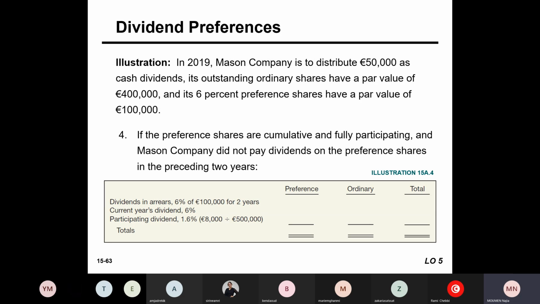And if there is any money left, it will also be shared between preference and ordinary shareholders. We will of course measure the participating rate as we just learned.